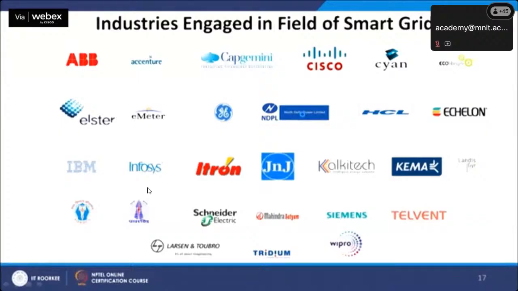There are so many currently focusing on the field of smart grid research. So, I do see a long way for viewers to go ahead if you are taking this course seriously.